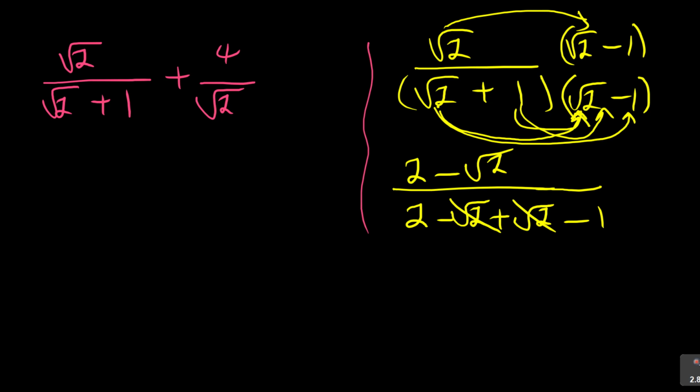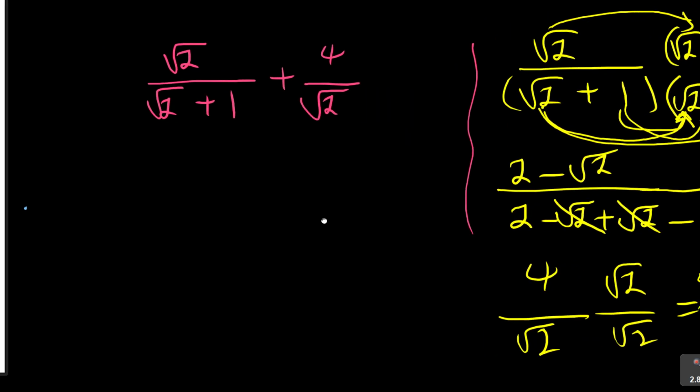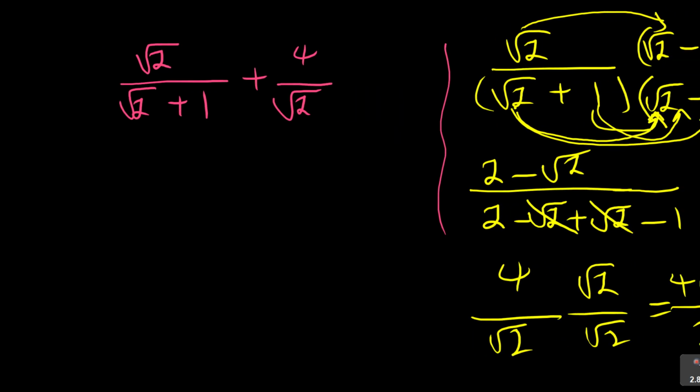And then in the second one also, 4 over square root of 2, you rationalize, multiply by the square root of 2. So that square root becomes 2 over 4 square root of 2. That's what you have. So when I'm writing it, how do you write it? This is how you write it. You say here, square root of 2 over square root of 2 plus 1.